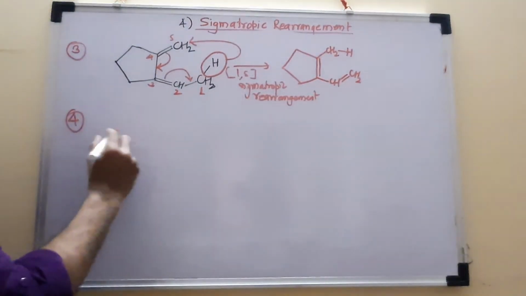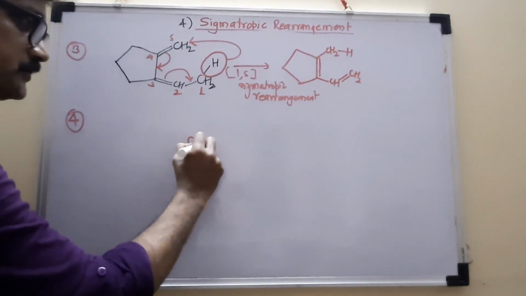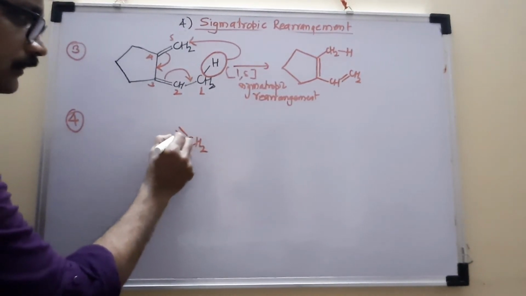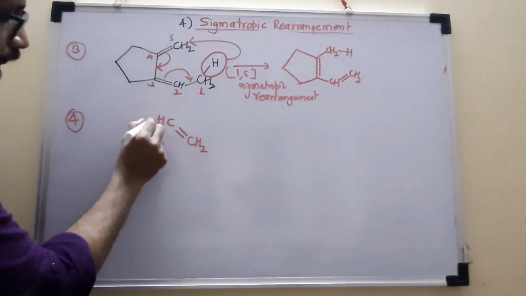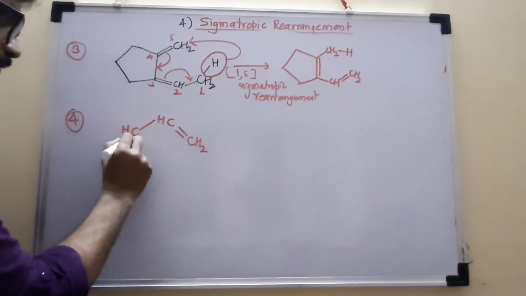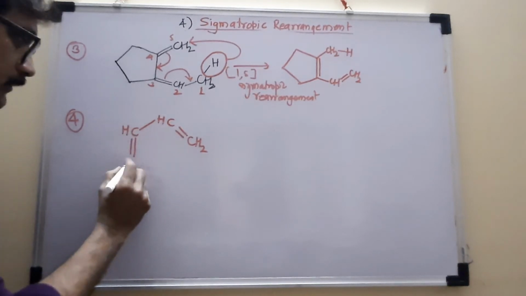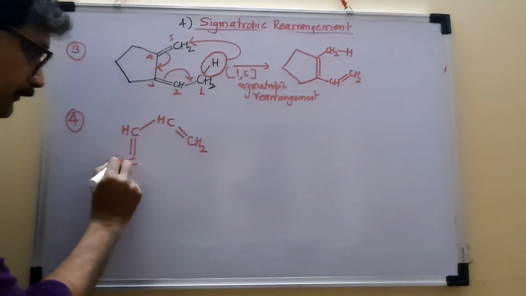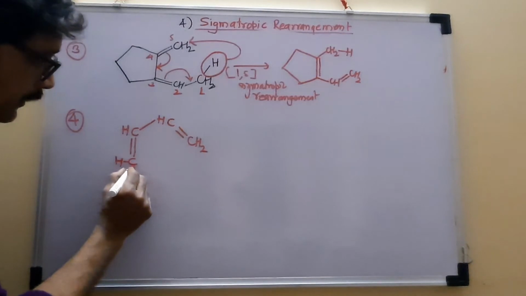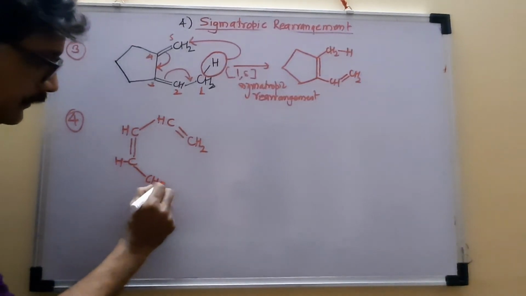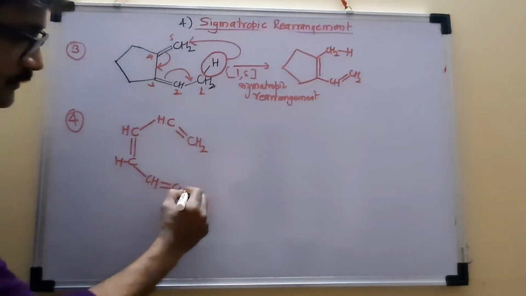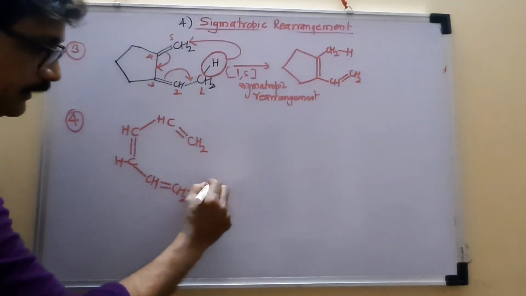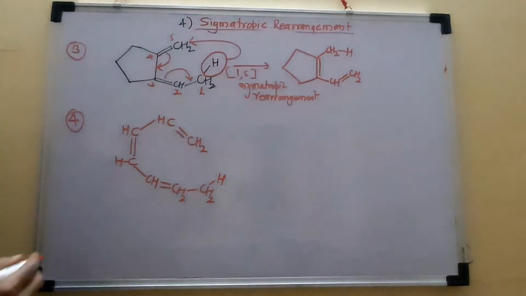The fourth example: here I will consider a larger number of carbons this time, but don't forget that all double bonds should be conjugated double bonds. Now if I join here, I consider 3 double bonds, and finally I write 1 hydrogen here.